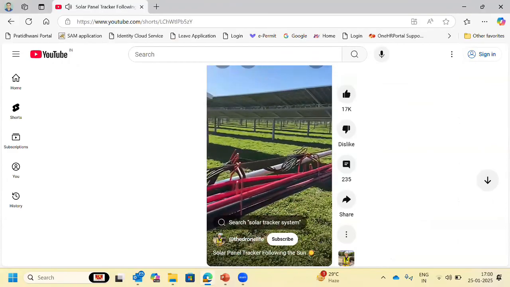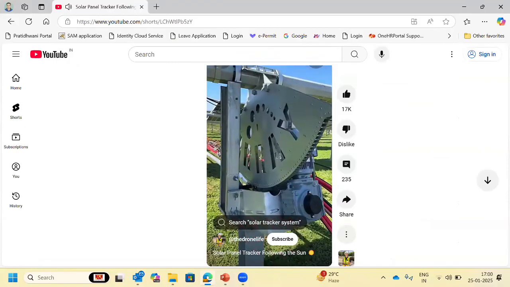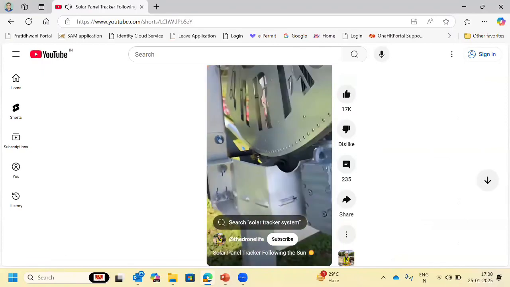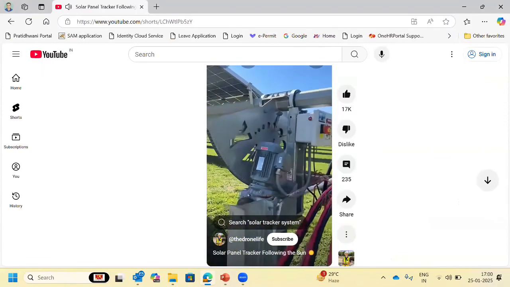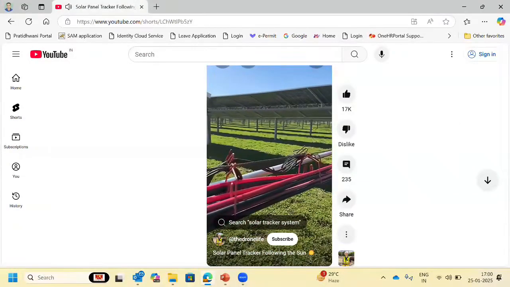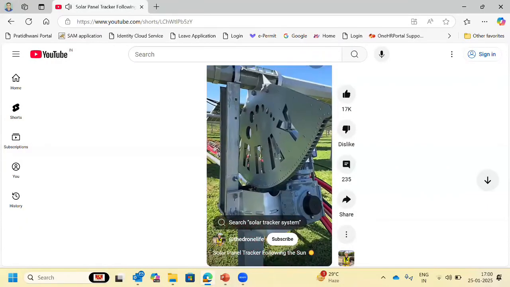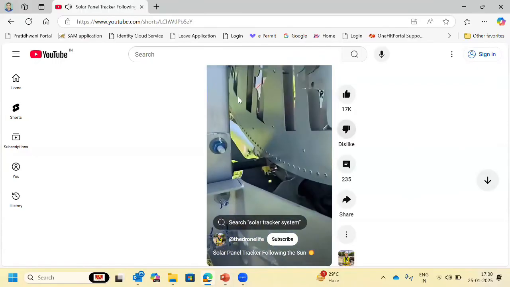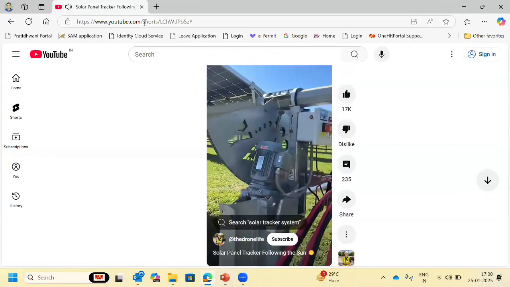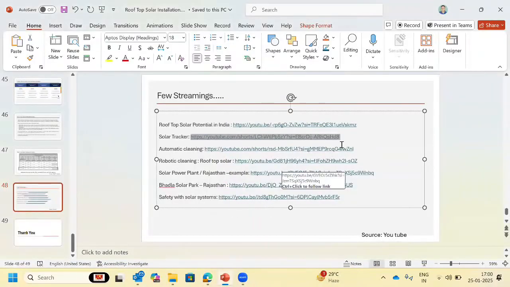And the feedback is from the pyranometer. Here the tilt angle is adjusted through this automatic robotic mechanism. We will be playing one more video.